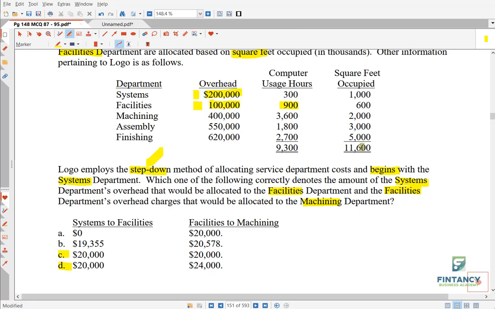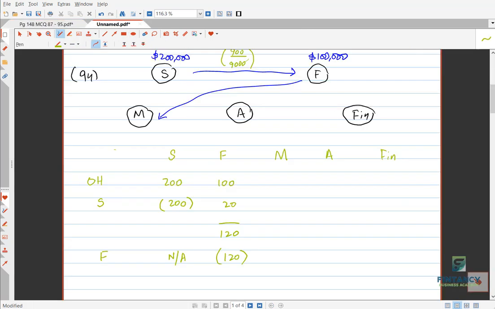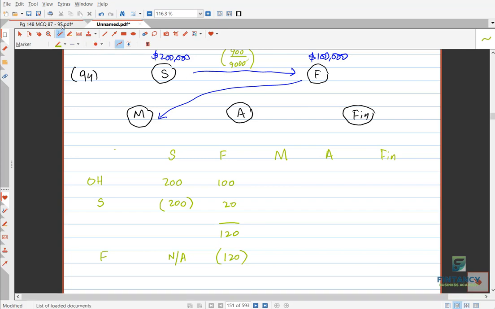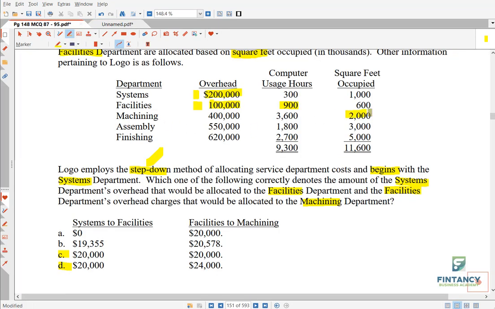So now see square feet. Do you think I can return back to systems? No, right? So either I will go to machining, assembly or finishing. So three options I have, right? Just total those three options, which are 2000, 3000 and 5000. You will ignore these two figures. So 2 plus 3 plus 5, how much? 10,000. And how much is going to machining? 2000, right?